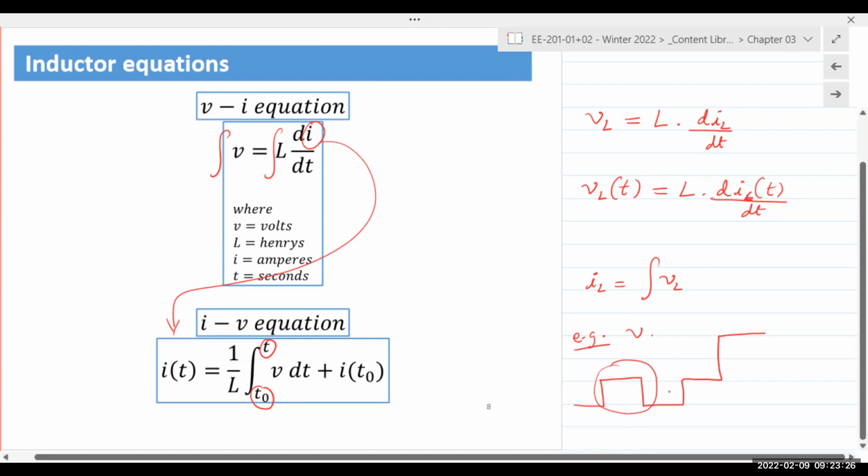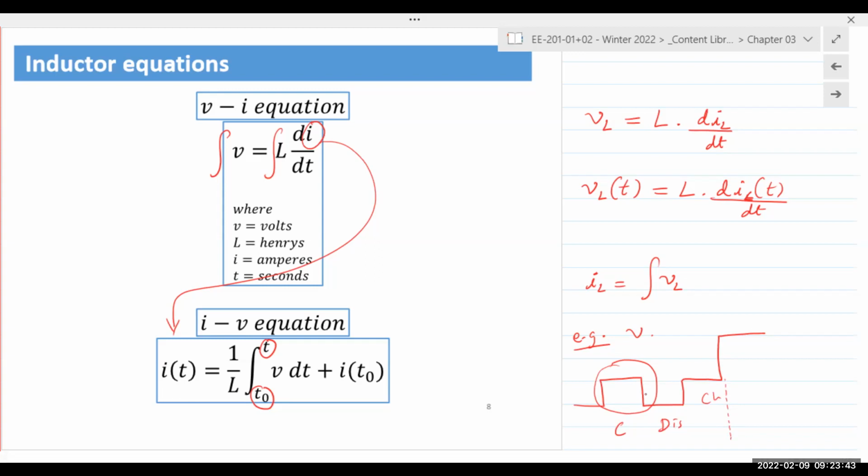Then it might discharge in the second portion. So charge, discharge, and might charge again.